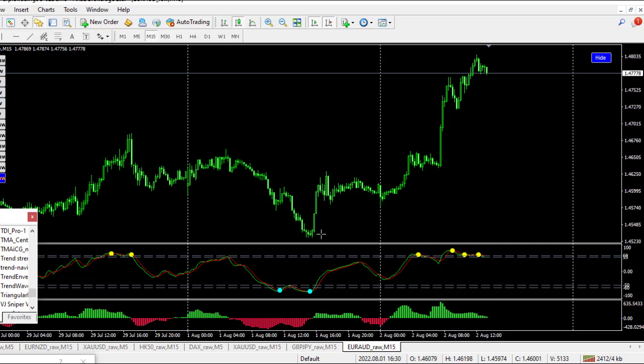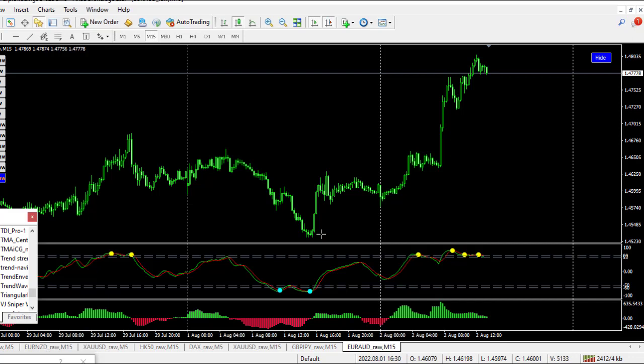That's why you need to combine it with other indicators to filter out false signals, so that we'll be able to get a quality signal from this particular indicator.